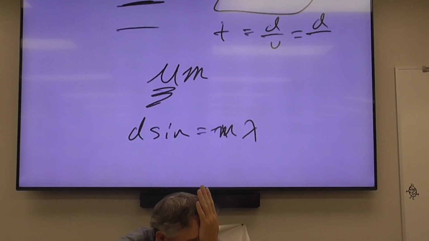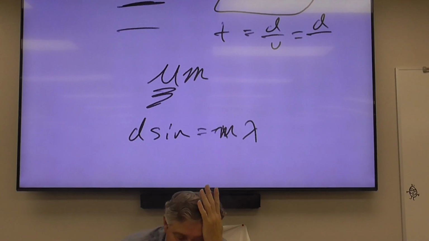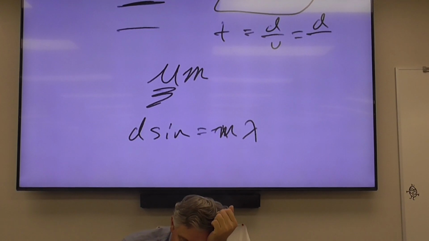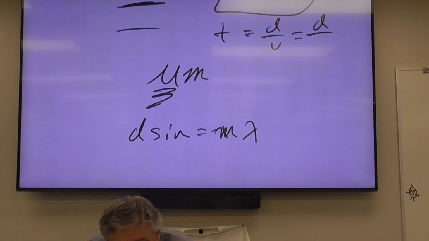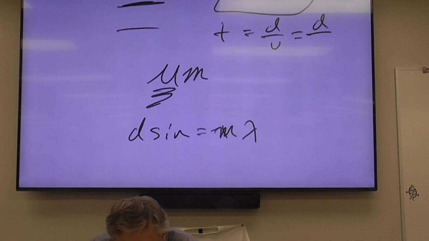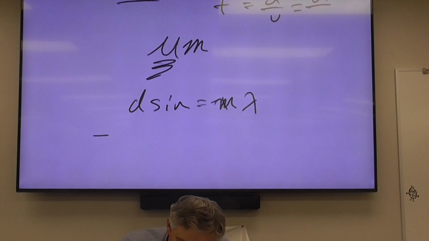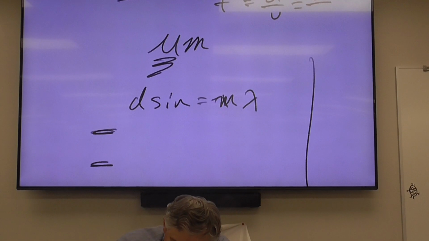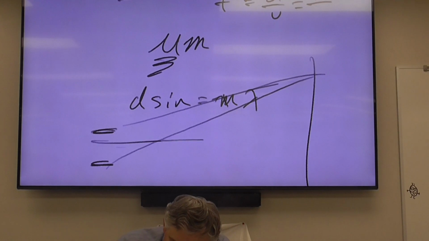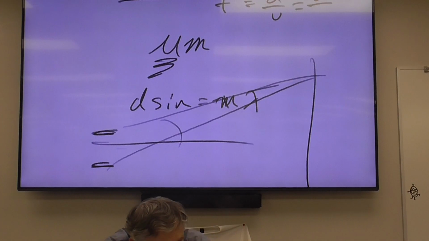So on number 7, you need to find that angle. The other key to this is, what is the angle if m equals 2? So here's this opening, and over here is your screen, and these lines are going to intersect, and you're trying to find that angle.